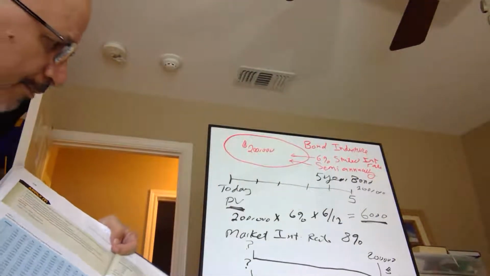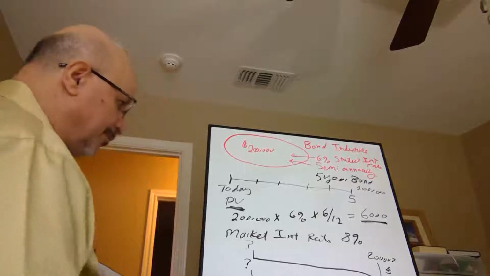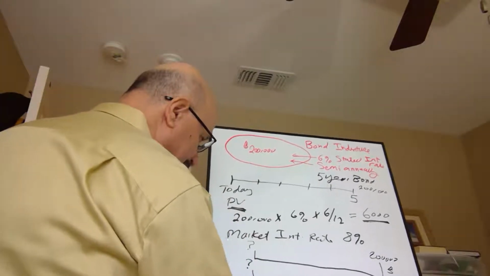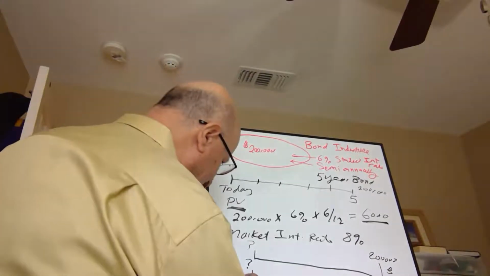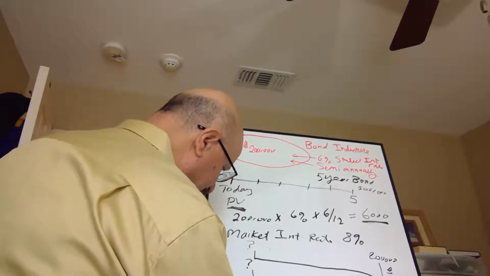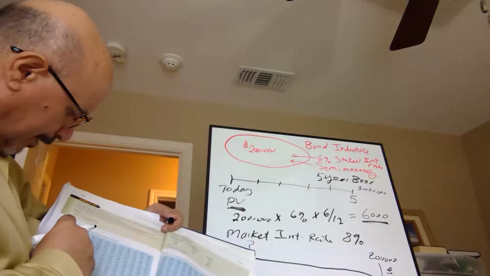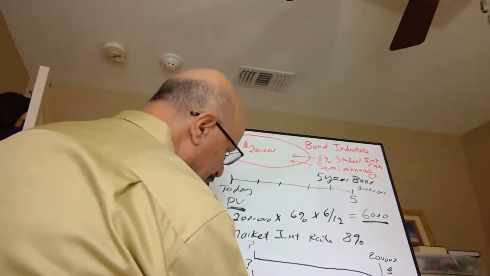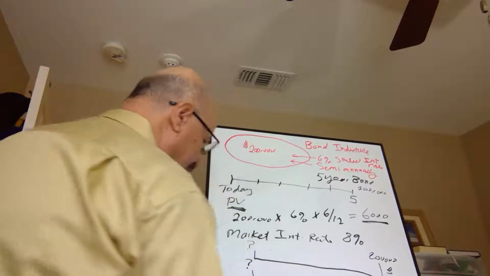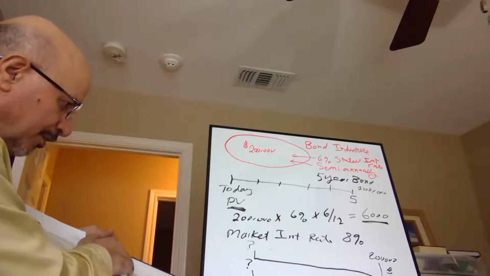The factor is 0.676. So we're going to say 200,000 times the factor for 10 periods and 4%, 0.676.